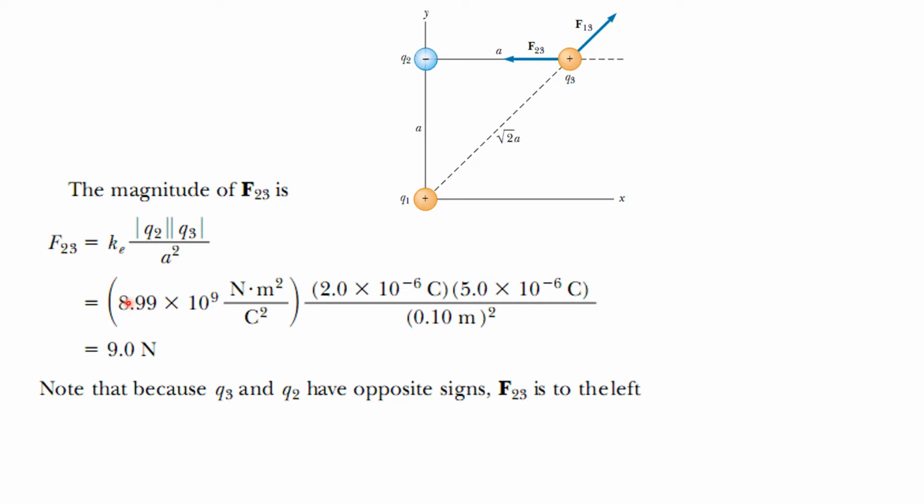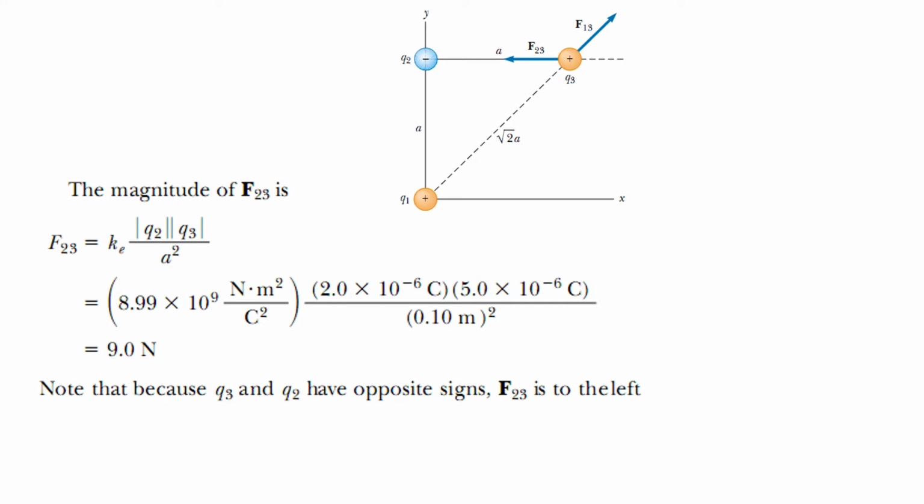This is approximately 8.99 times 10 to the power 9 times 2 times 10 to the power minus 6 times 5 times 10 to the power minus 6 divided by 0.1 squared. Then this has a magnitude of 9 newtons.